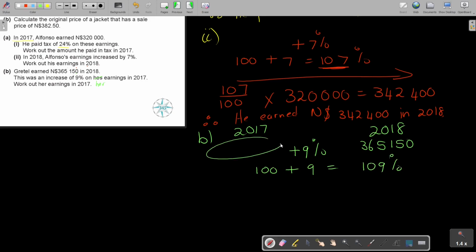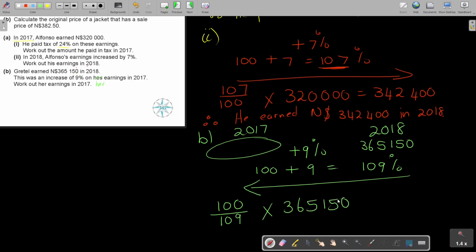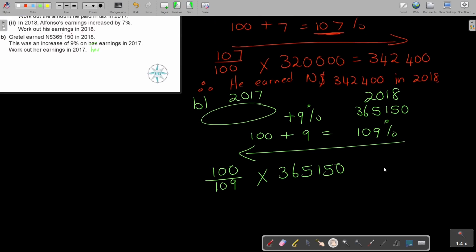But I know 109. I want to reverse back. Can you see that? So I'm going to say 100 over 109, and I'm going to multiply with 365,150, and if I do that, I'm going to get 335,000.